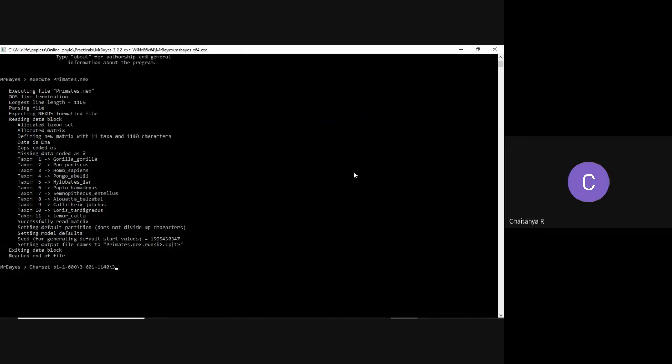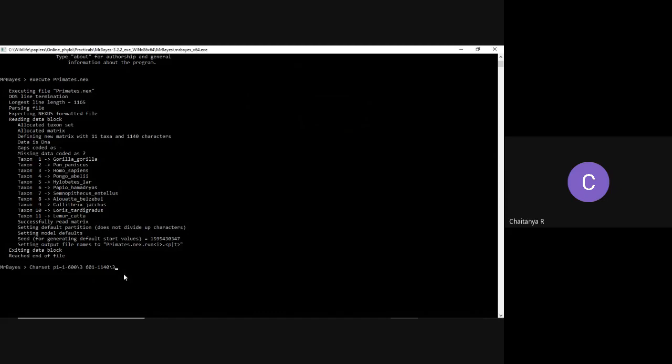So essentially what we're doing here is defining a partition called P1, which ranges from 1 to 600, maybe the first gene, which is a protein coding gene, and we are saying that codon position 1 belongs to partition 1. Similarly, codon position 1 of gene 2 or marker 2 is also part of partition 1.